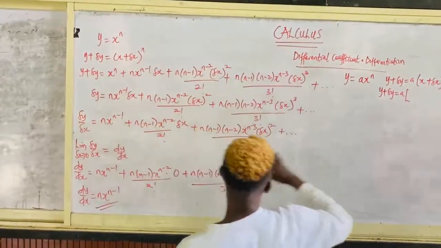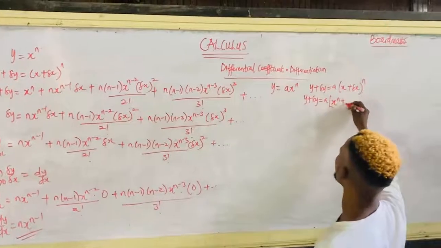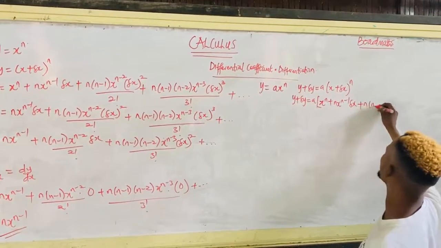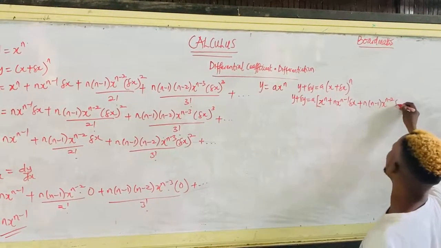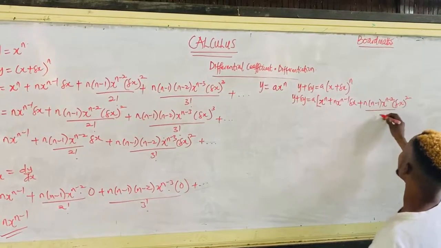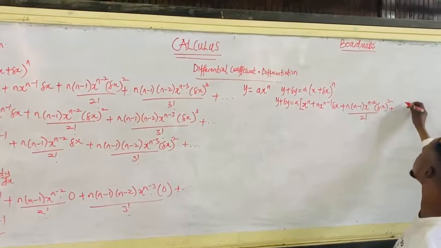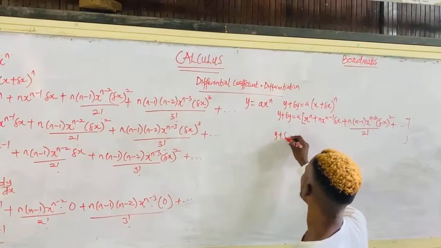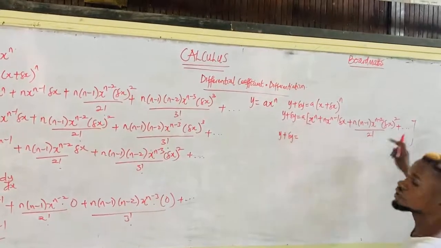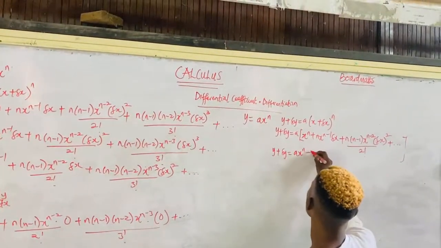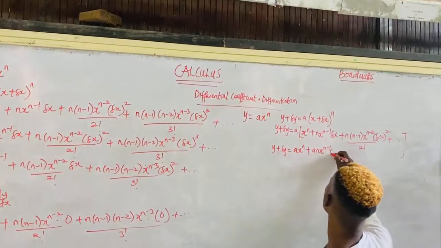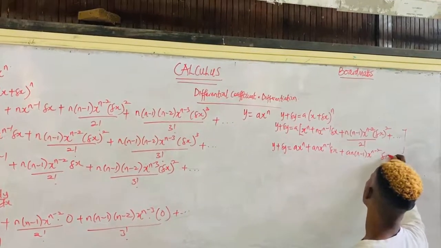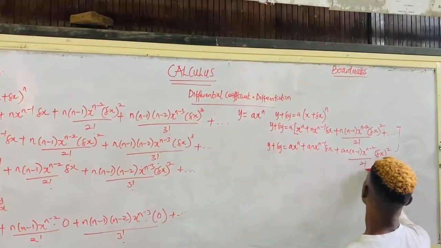So I can just decide to stop here. So that's x raised to power n plus nx^(n-1) del x plus (n-1) x^(n-2) del x to power 2 all over 2 factorial plus. So that's y plus del y is equal to, use this constant to multiply, a x to power n plus anx^(n-1) del x plus an(n-1) x^(n-2) del x squared all over 2 factorial.